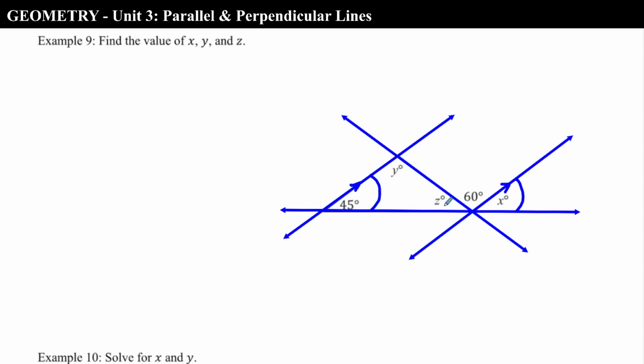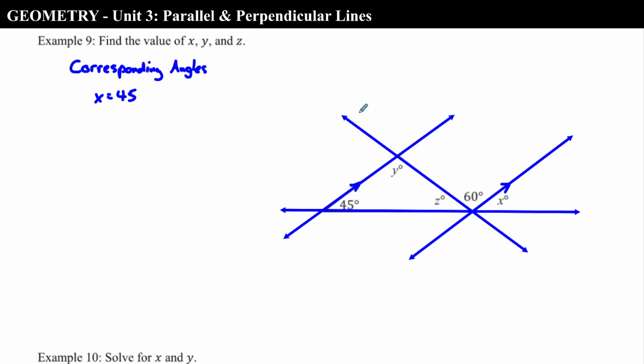These two angles are corresponding, so therefore they're congruent. So because of the corresponding angles, we can say that x equals 45, because this x angle corresponds with this 45-degree angle.